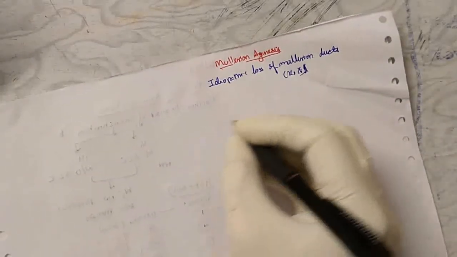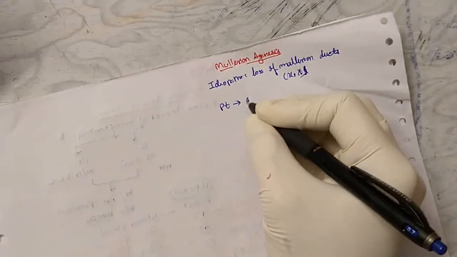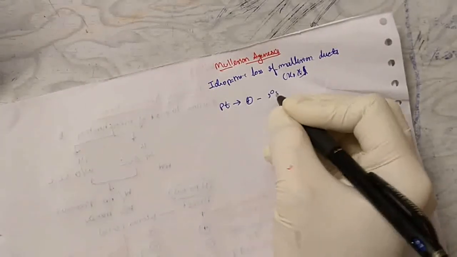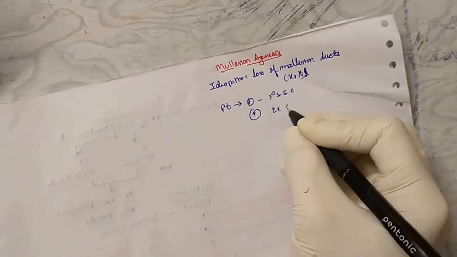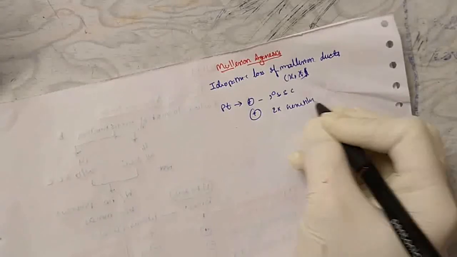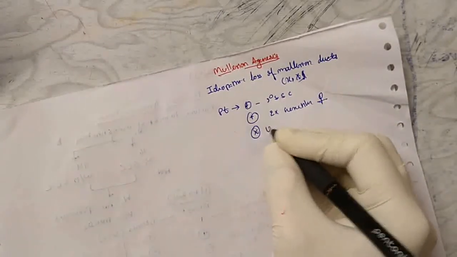The patient will have positive secondary sexual characteristics, female external genitalia, but won't have uterus.